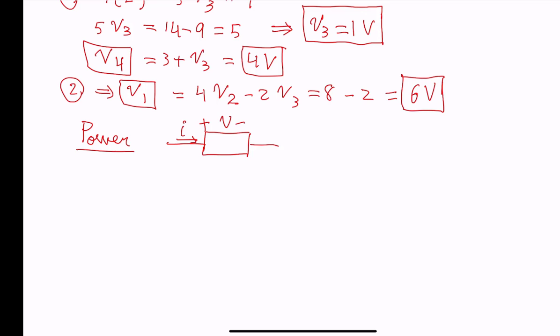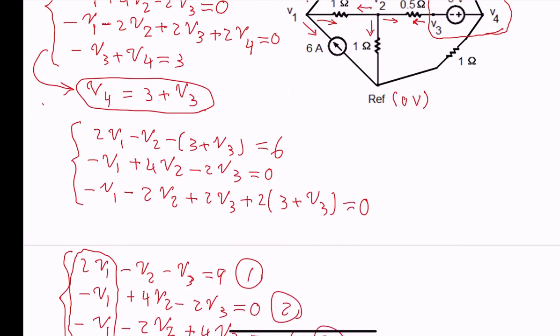Power is voltage times current, and what that means basically is absorbed power by the element is voltage times current entering the positive terminal of the voltage. The problem is asking for supplied powers. So let's look at the sources.